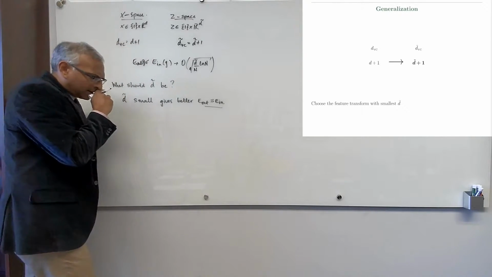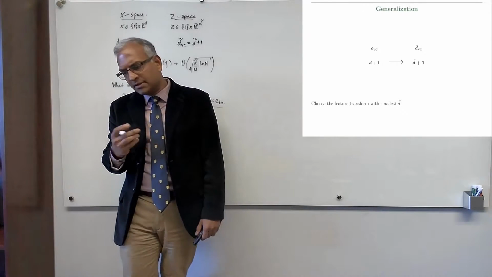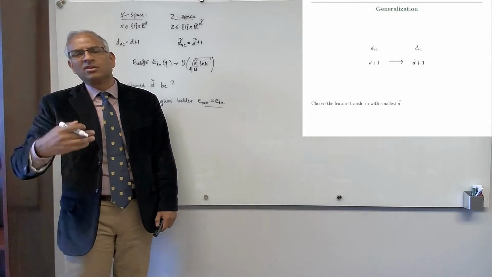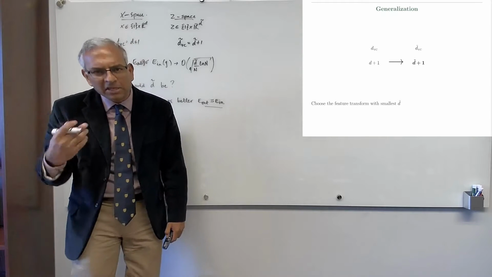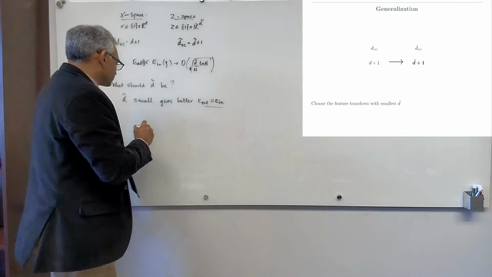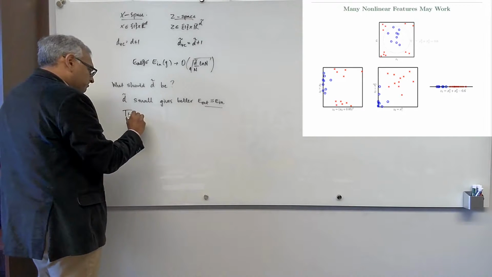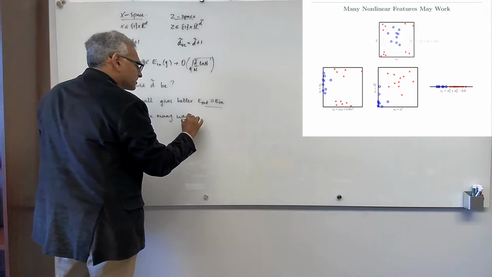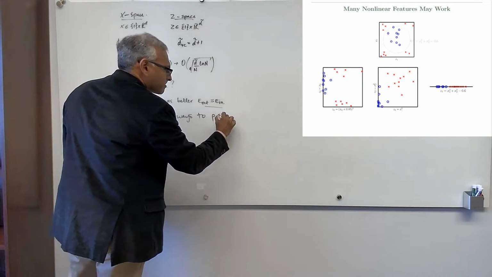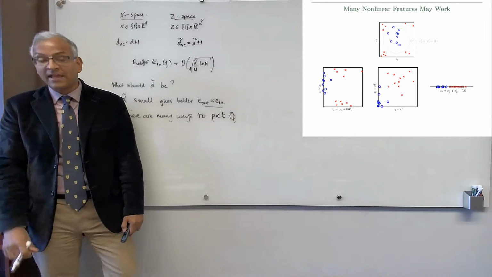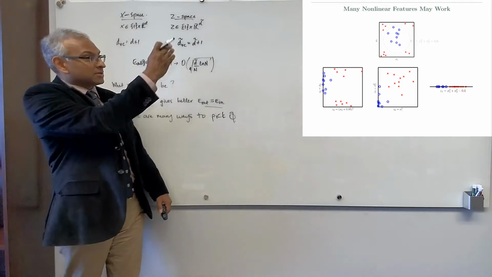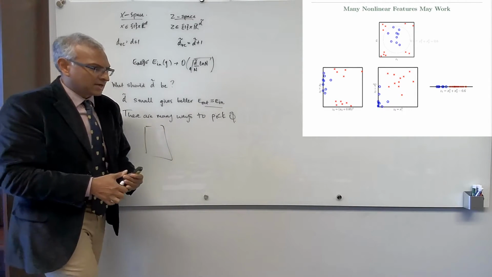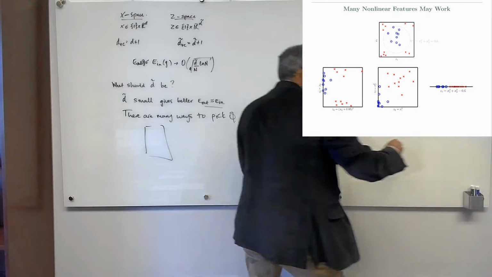And this leads us to the issue of picking D tilde, which amounts to picking the nonlinear transform. And in general, there are many ways to pick the nonlinear transform. So in general, there are many ways to pick phi. And what's illustrated here, we have our data, and let's get some red and blue markers.